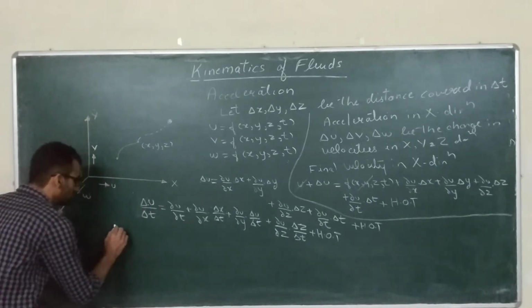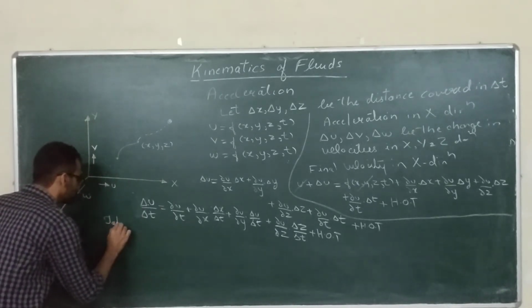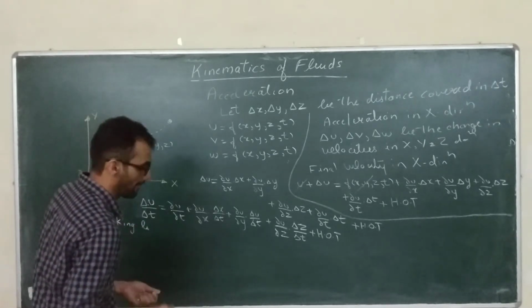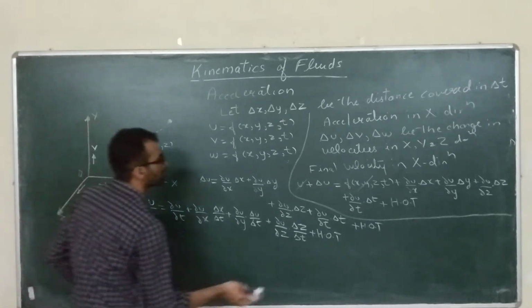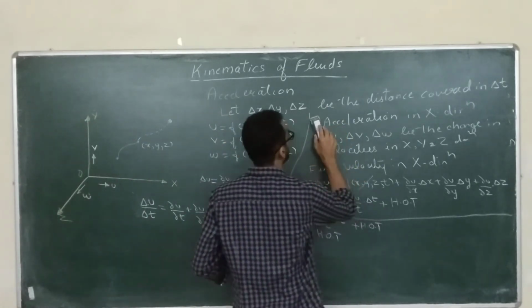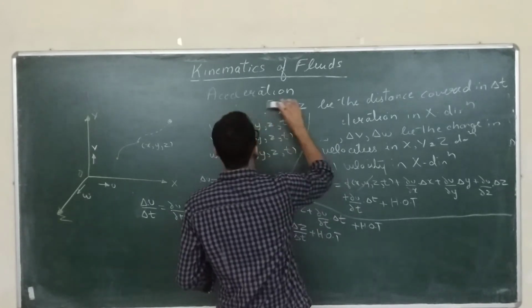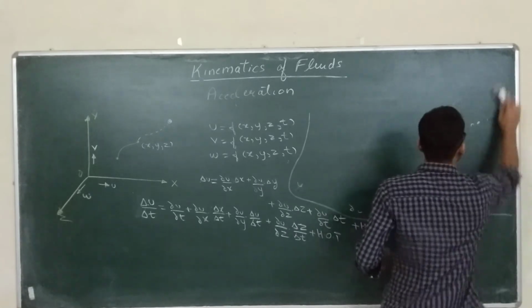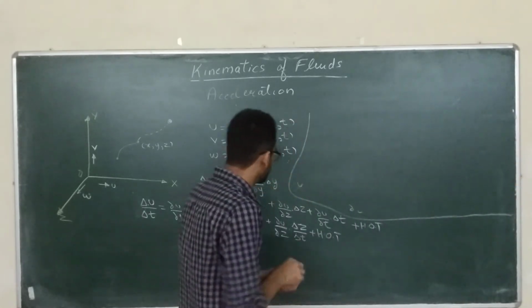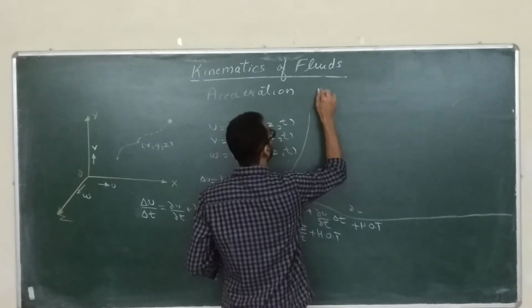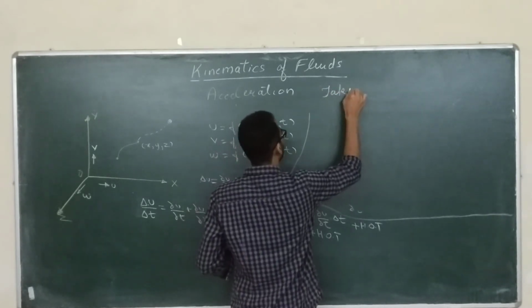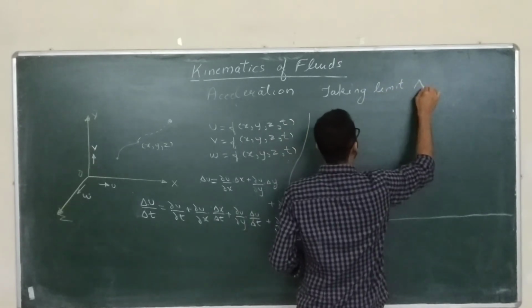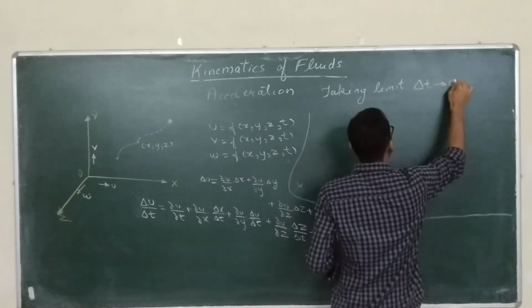So let's take the limit delta t tends to 0.